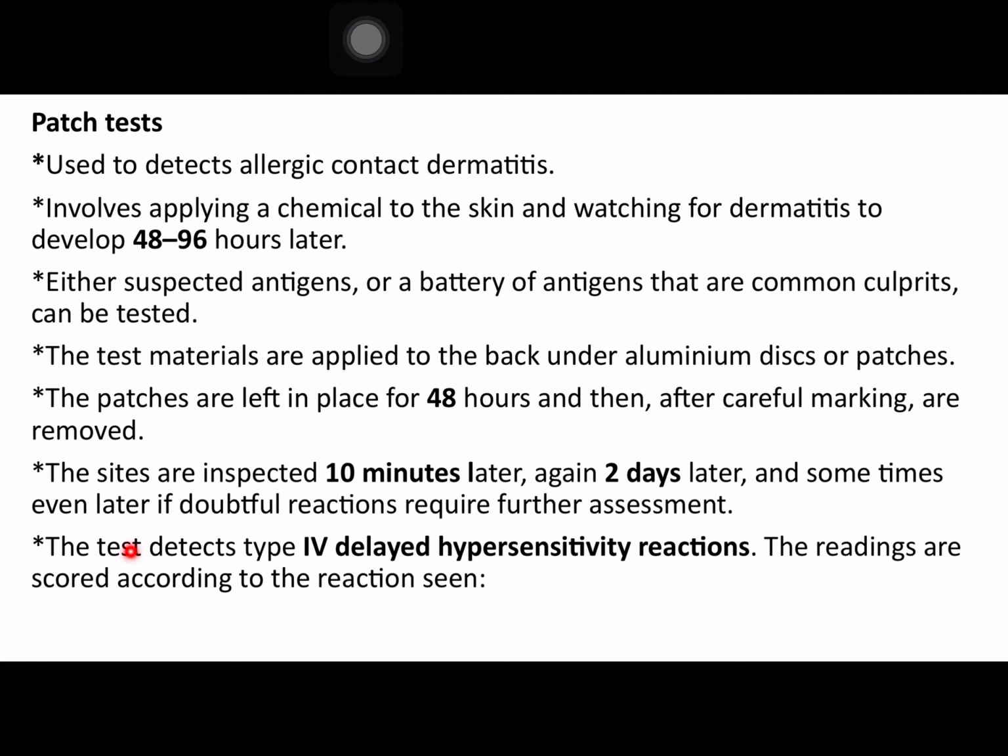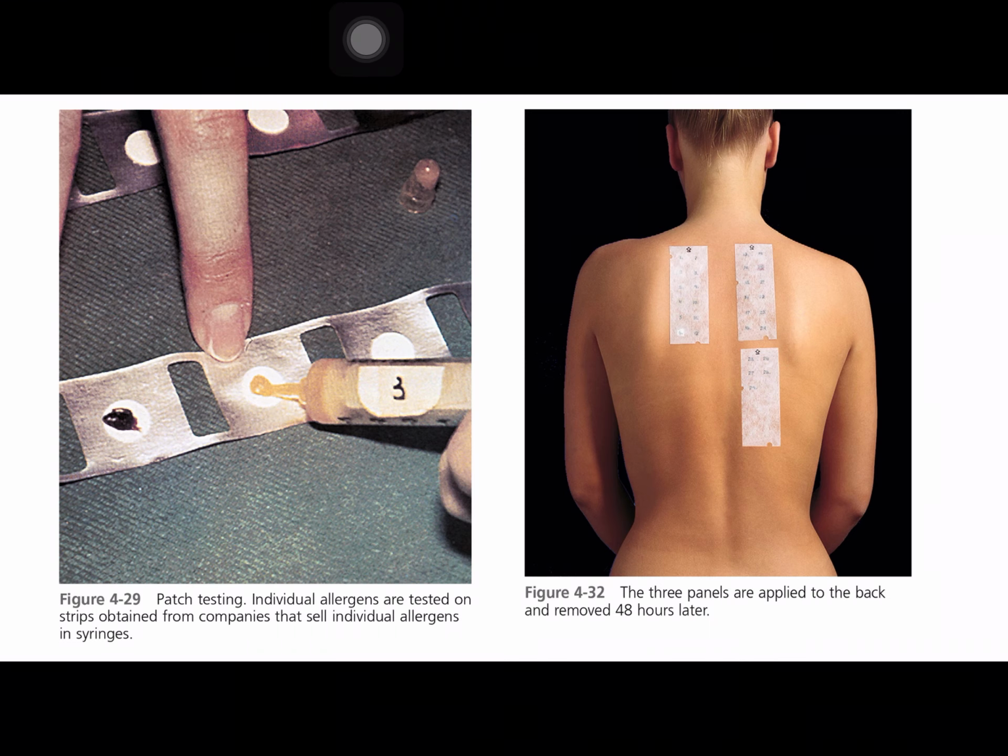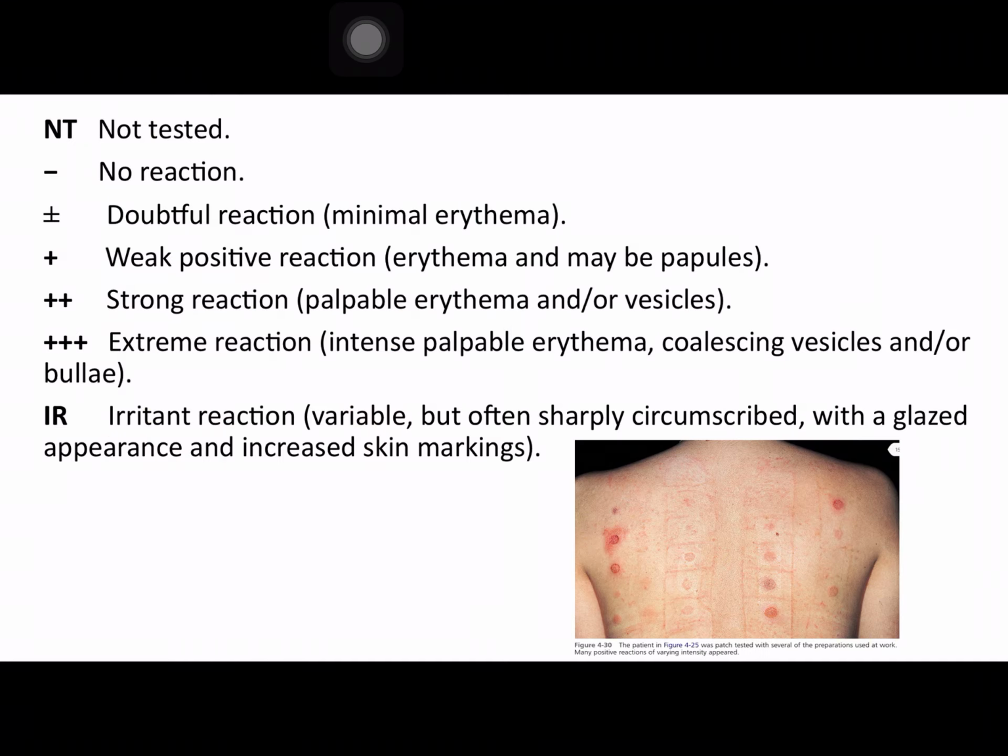This test, as I said, detects type 4 delayed hypersensitivity reaction, and the reading is reported in scores. This is the patch test, and these are the common allergens, either a suspected individual allergen or common allergens, put on the upper back while waiting to see the result.